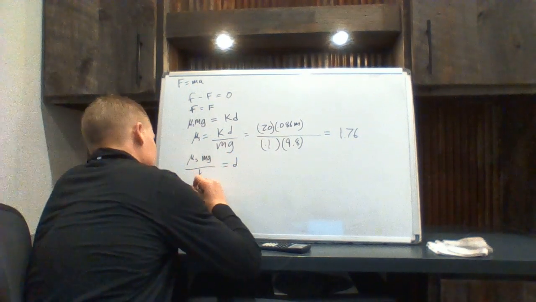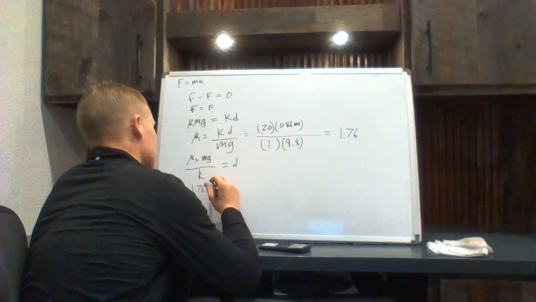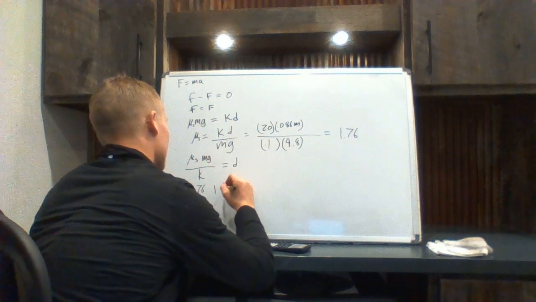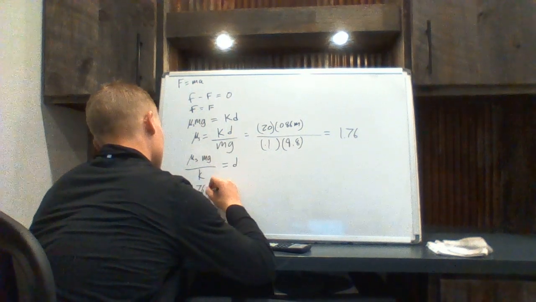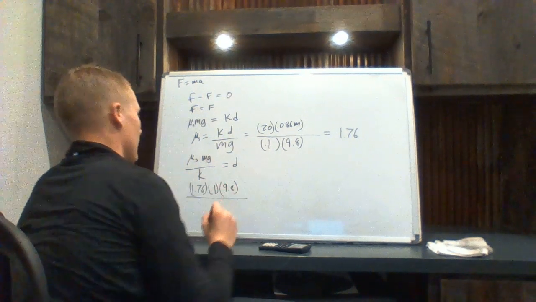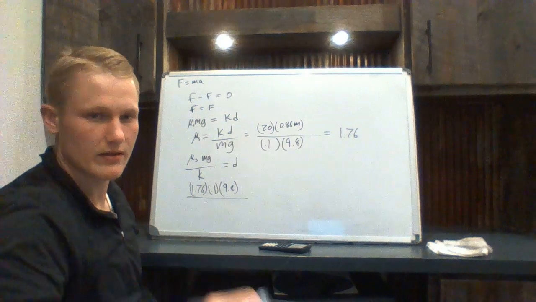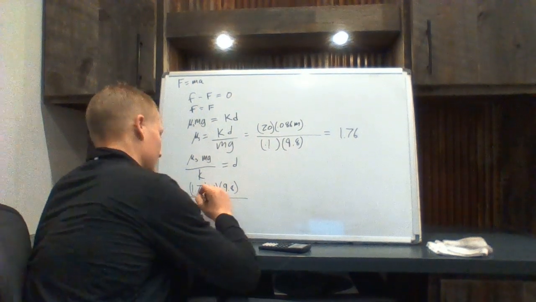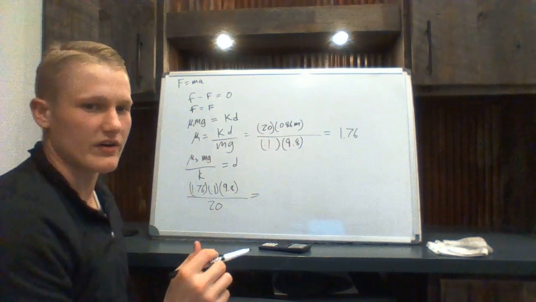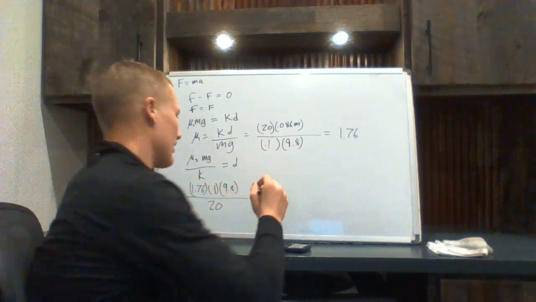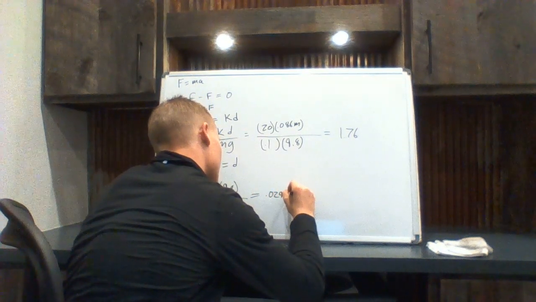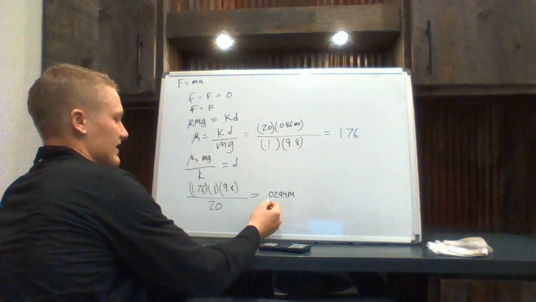We have our values for this: 0.6 times 0.1 times 9.8 over k, which is 20. And that comes out to our distance of 0.0294. So that's our distance.